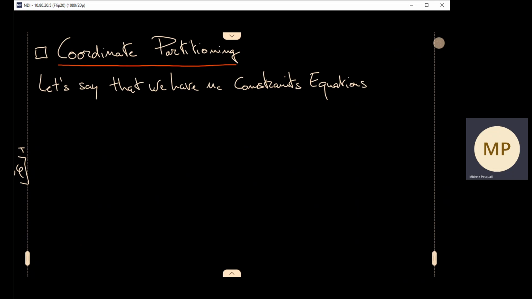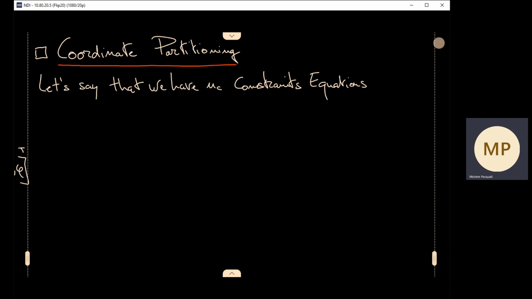I also tend to make this mistake often while I speak. But please try to keep in mind the difference between the number of constraints and the number of constraint equations. They are two different things. What is the difference?